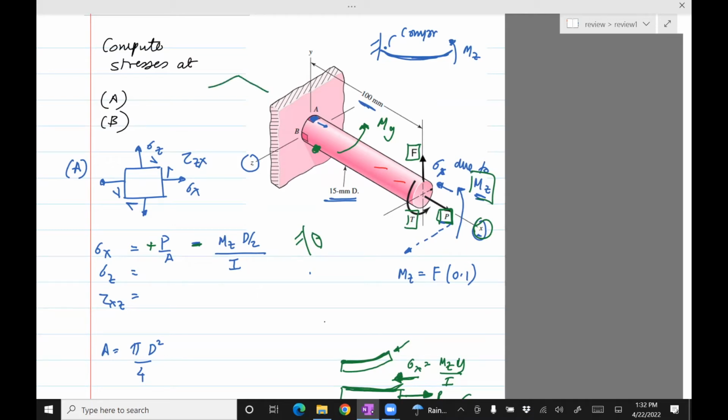So in the XZ plane, it will be a U. Here it's a U in the XY plane due to Mz. But if we had a moment My, then it will bend in the XZ plane.